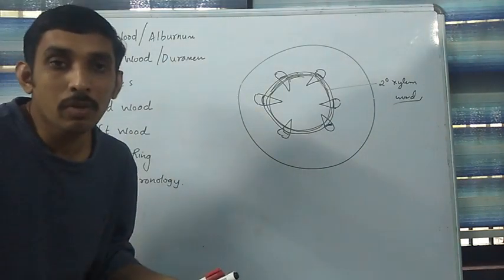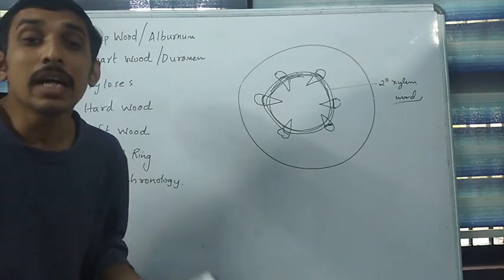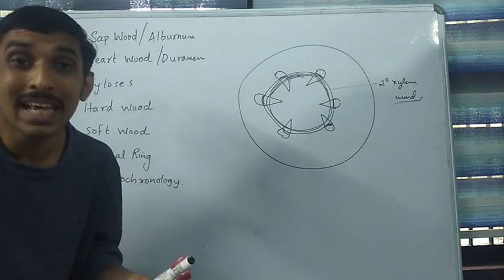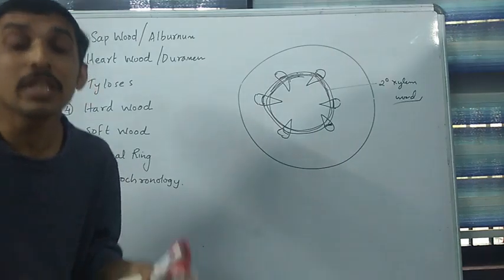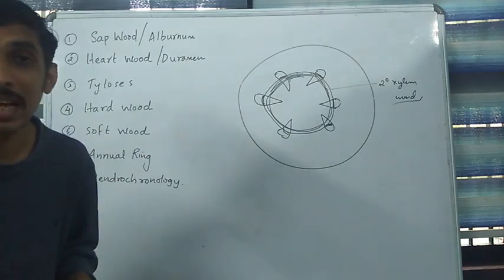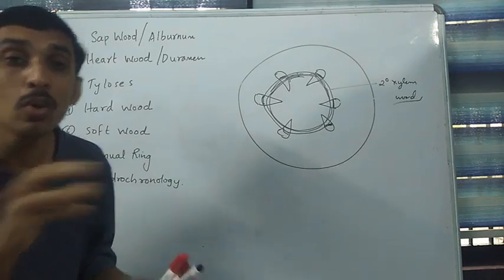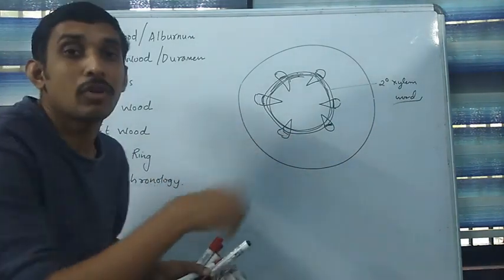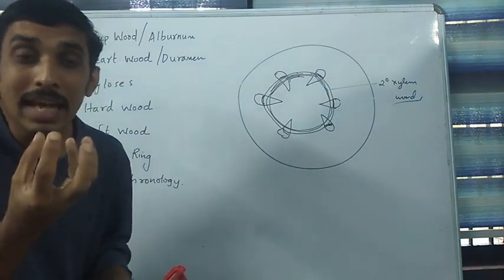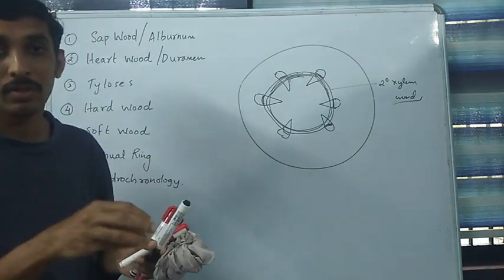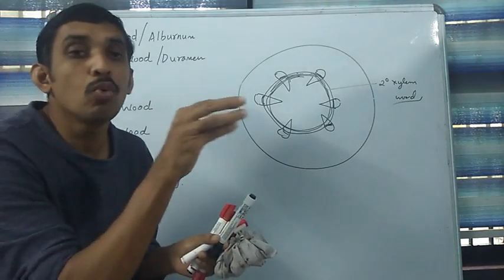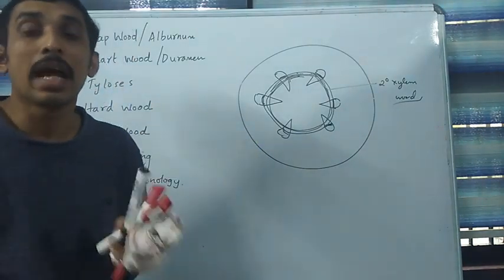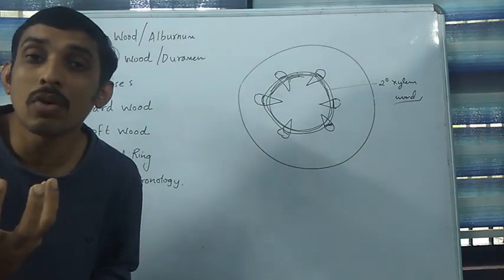During the successive formation of secondary xylem, the cells, mainly the parenchyma cells, of the earlier formed secondary xylem produce a balloon-like protrusion into the tracheids and vessels of this earlier formed secondary xylem. That balloon-like protrusion gradually moves into the vessels and tracheids, and these balloon-like protrusions are called tyloses.